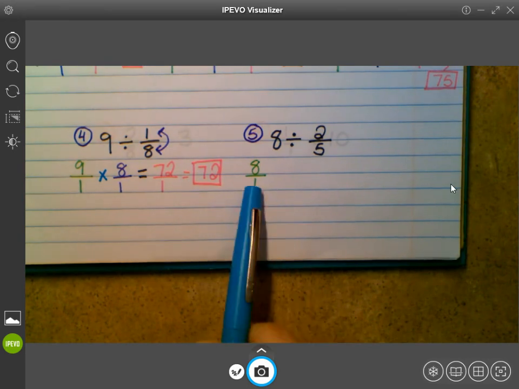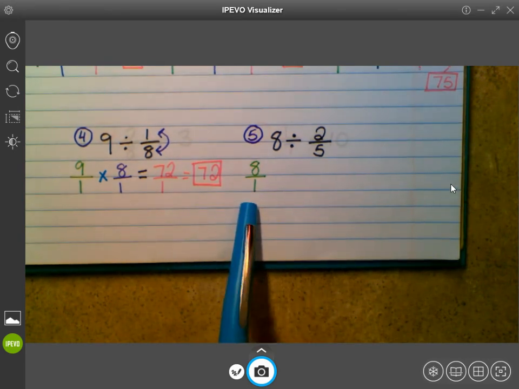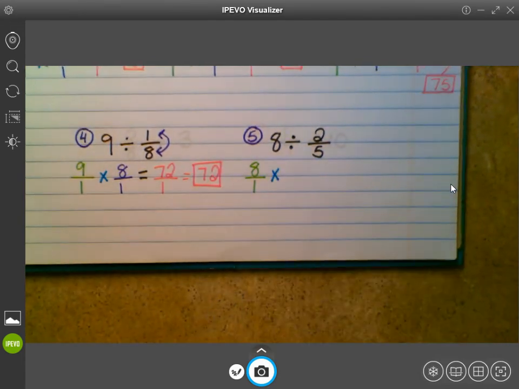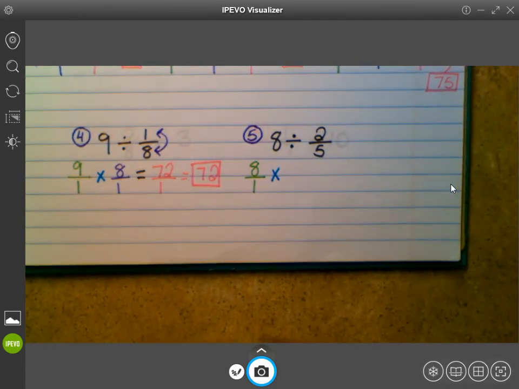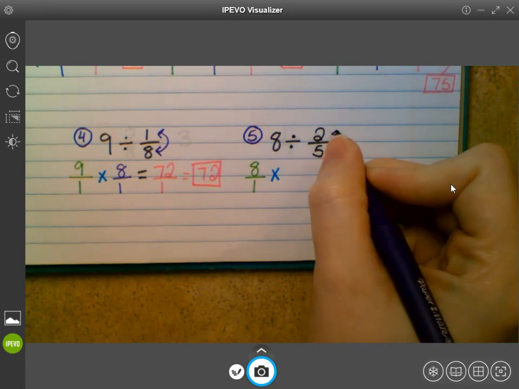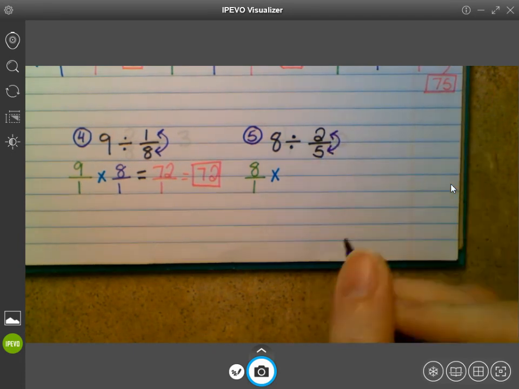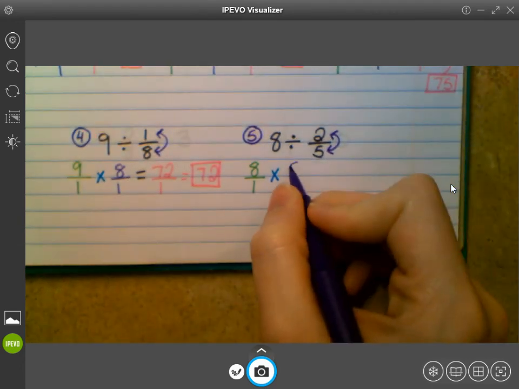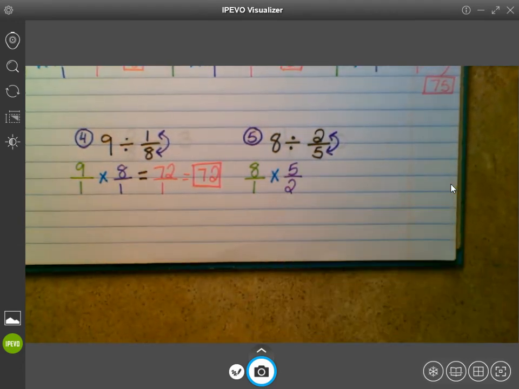I keep my first fraction the same. I change the division symbol to multiplication. Then I flip my second fraction so that it's the reciprocal. So instead of 2 over 5, I have 5 over 2.